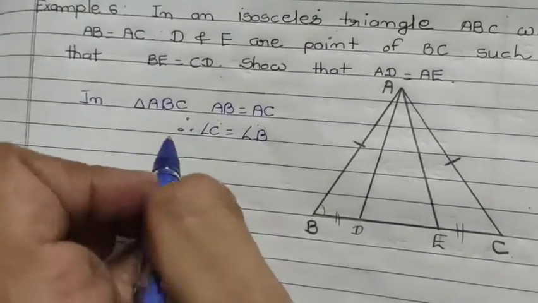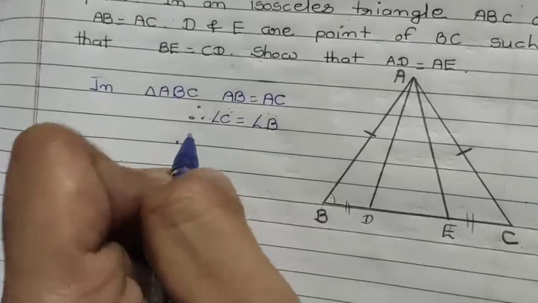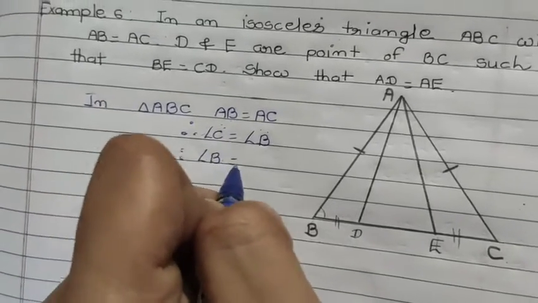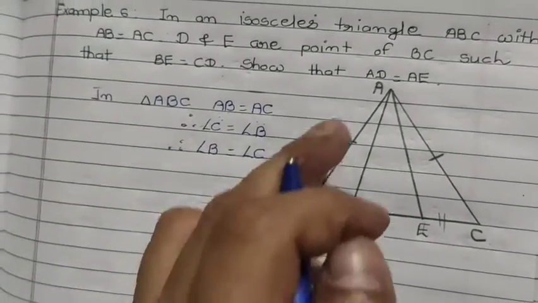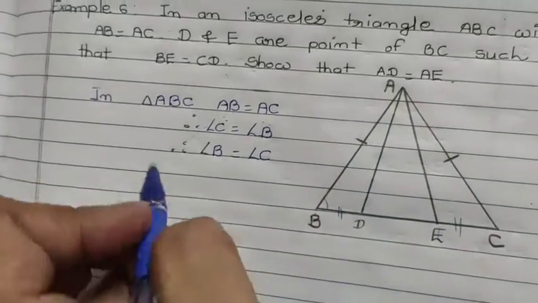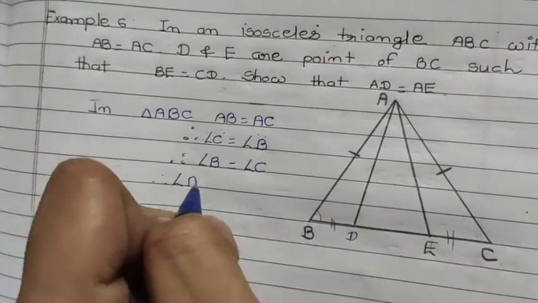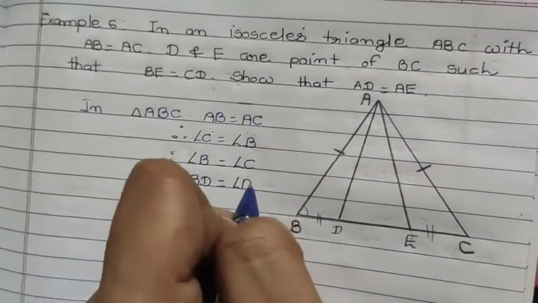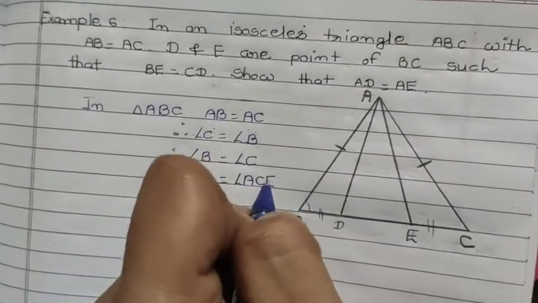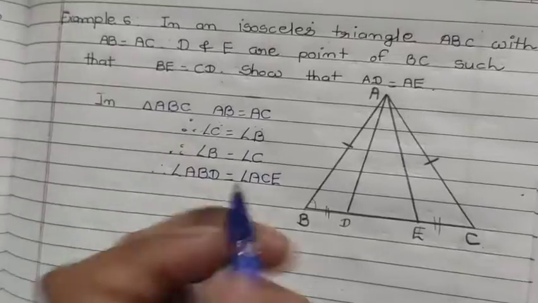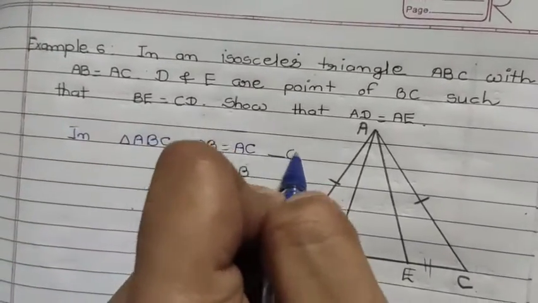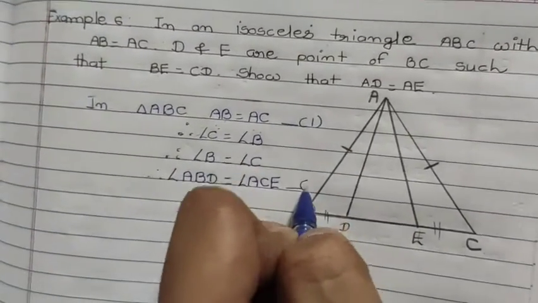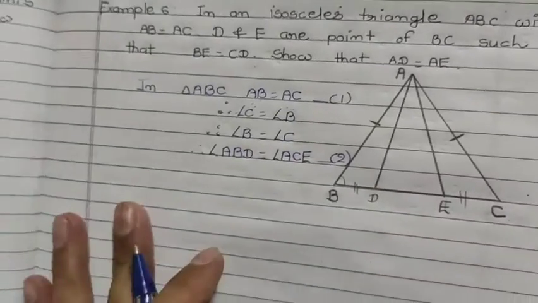By theorem 7.2. So here angle B is equal to angle C. If we want to write the full angle, then it is angle ABD, and that is equal to angle ACE. Am I right? This will be our result number 1. This will be our result number 2.